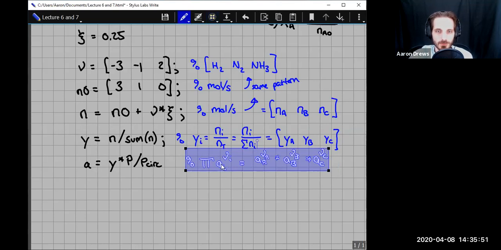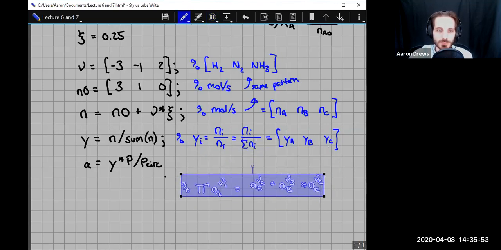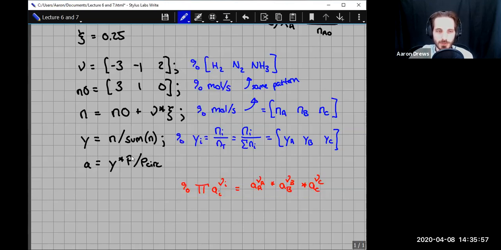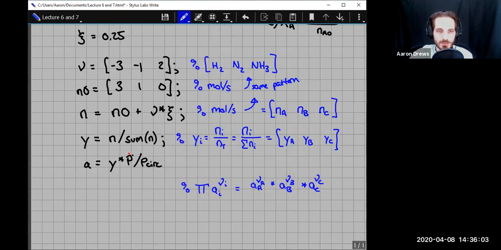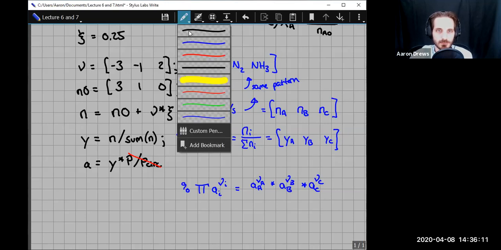Let's move these down a little bit. If we wanted to be really general, we would do something like that. But for our particular problem, we wouldn't do this, because these two terms end up going to 1, right? Because p was equal to p circle.